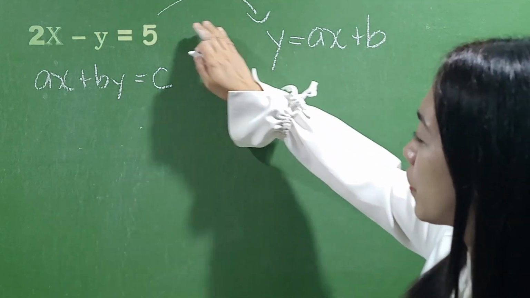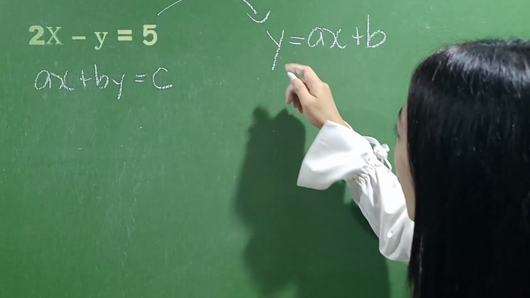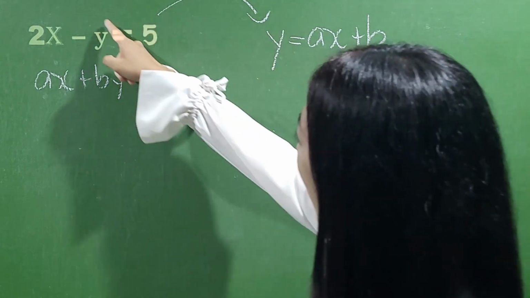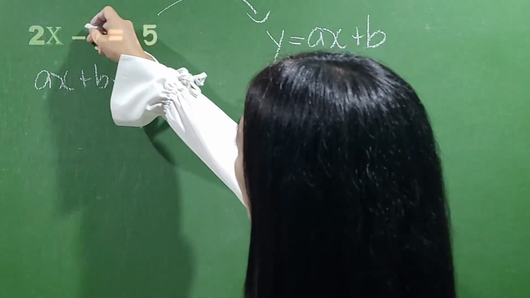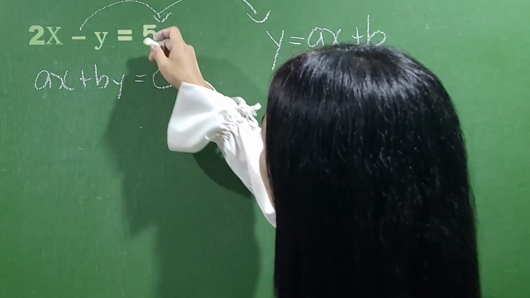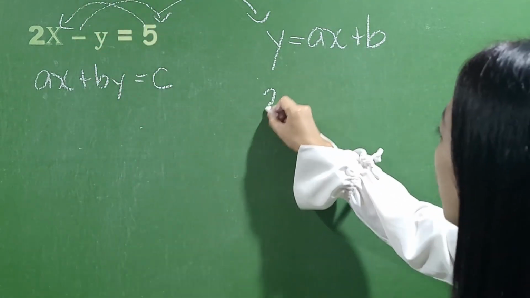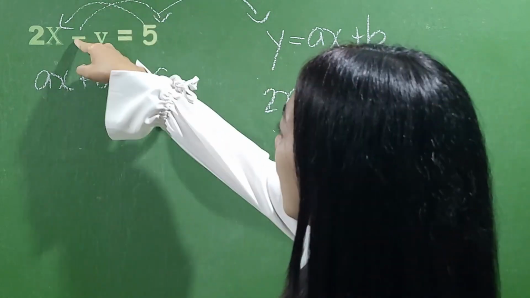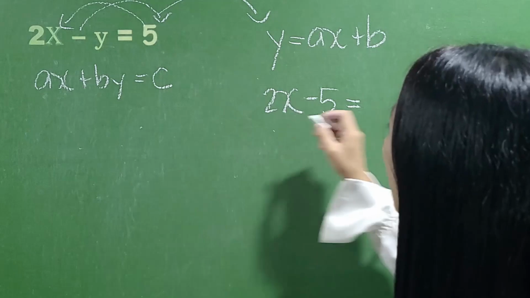In order to write this standard form into slope-intercept form, we aim to isolate y on one side of the equation. So in here, we can just move negative y on the right side and 5 on the left side. So we have 2x minus 5. This is now equal to y.